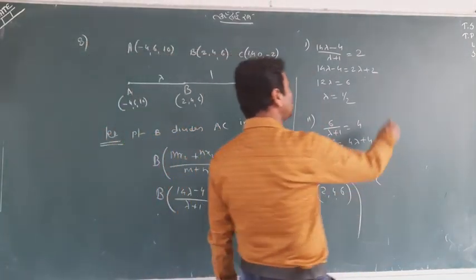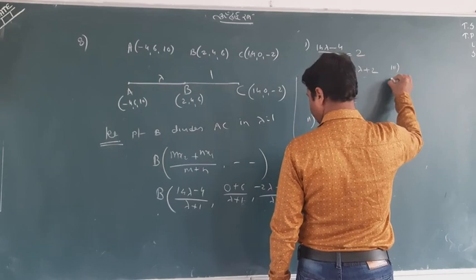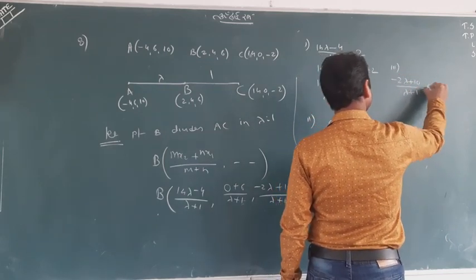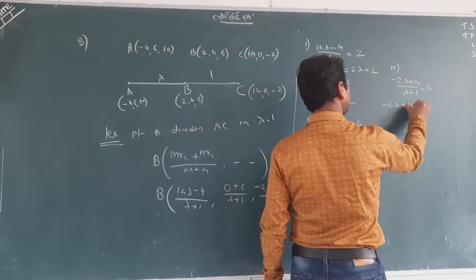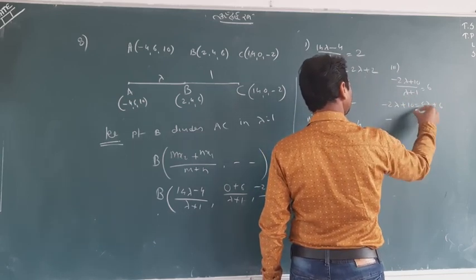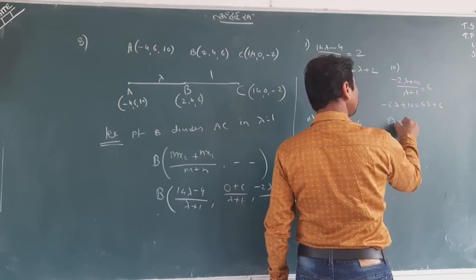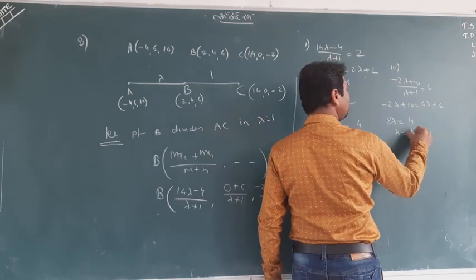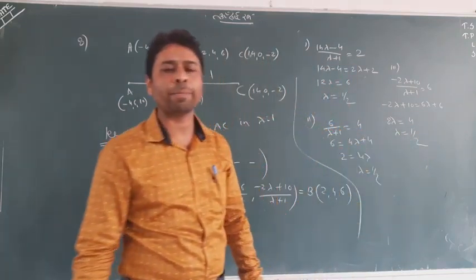And the third case also I will take, which is (minus 2 lambda plus 10) upon (lambda plus 1) equal to 6, minus 2 lambda plus 10 equals 6 lambda plus 6, 8 lambda is equal to 4, and lambda is equal to 1 by 2. In all cases lambda is the same.